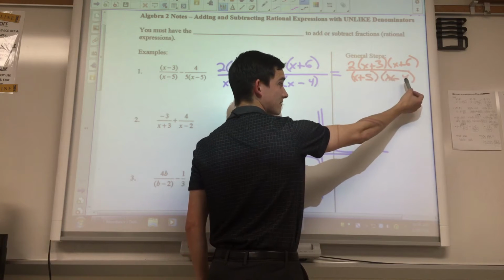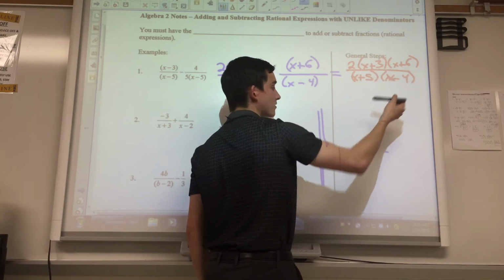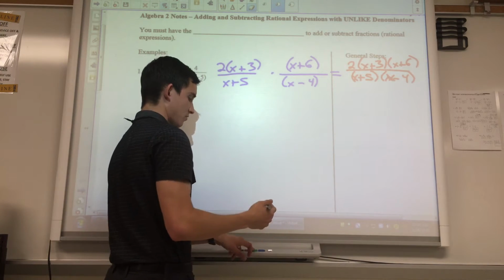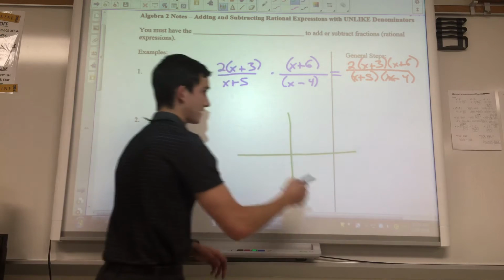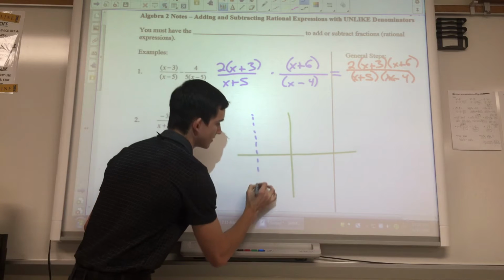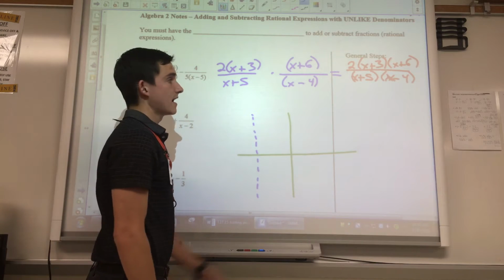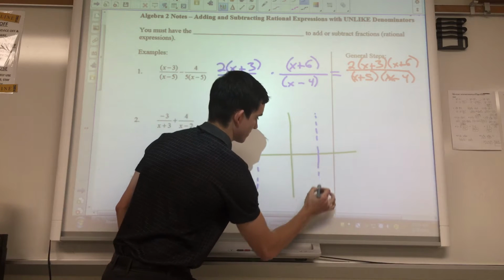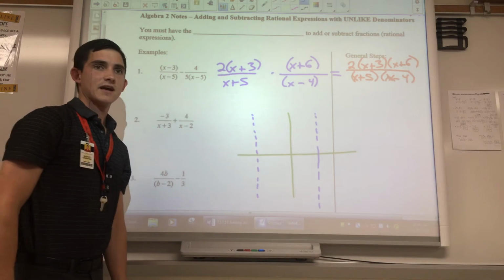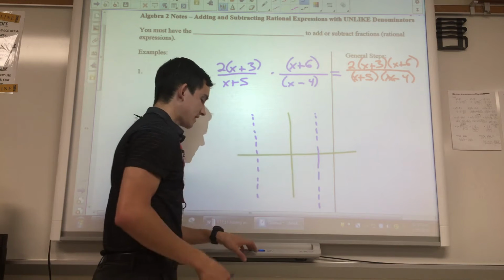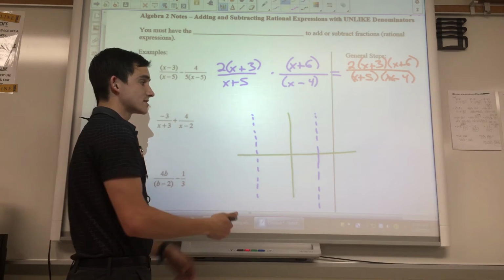But 0 times -9 is 0, and you'd be dividing by 0. So what that means is when you graph this, x cannot equal -5. So at x equals -5, you're going to have a vertical asymptote. And at x equals +4, you're going to have a vertical asymptote, right? And I can definitely tell you that you're going to have vertical asymptotes here and here. And your graph will look something like this.